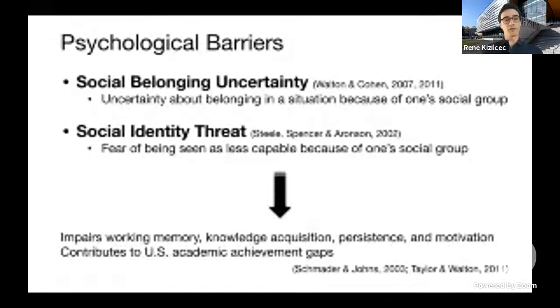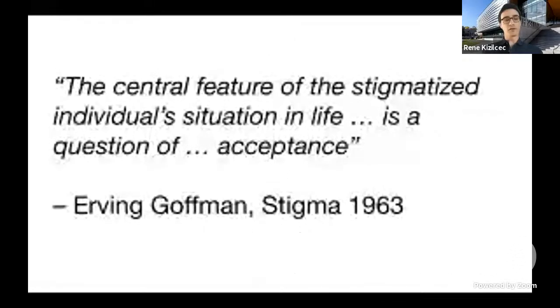Erving Goffman really put it well when he wrote, "The central feature of the stigmatized individual's situation in life is a question of acceptance. Am I accepted in this environment for who I am?" And there's been some work addressing this question in the context of female participation in STEM.